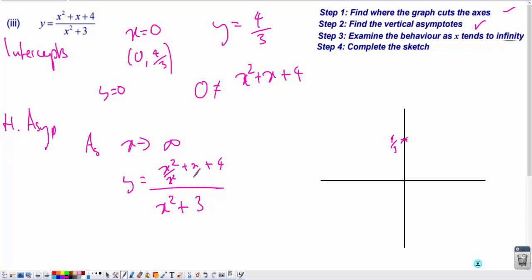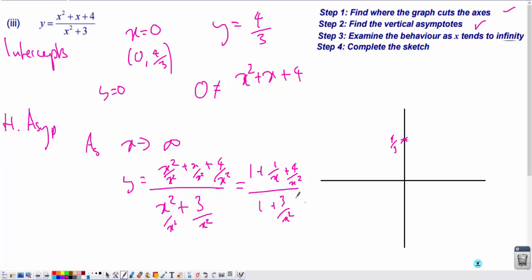So x squared, x squared, x squared, x squared, x squared, and then think about what happens as x tends to infinity. The reason why we do this is because when we divide by something and you have those fractions, it's easy to think about as x tends to infinity, because loads of things will tend to 0. So it's just equal to 1 plus 1 over x plus 4 over x squared, over x squared over x squared plus 3 over x squared.